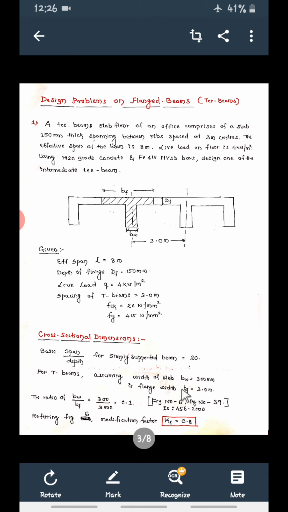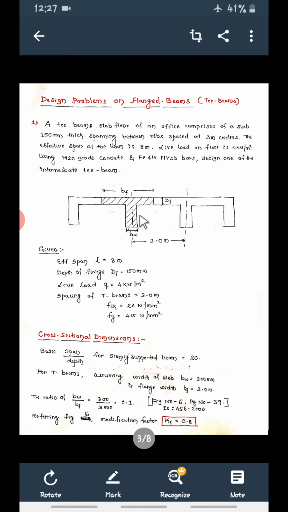Then flange width bf. Initially we have to take this bf equal to 3 meters. How is it 3 meters? For this beam, what is the load? Slab load. Half of this slab and half of this slab load will come to this.